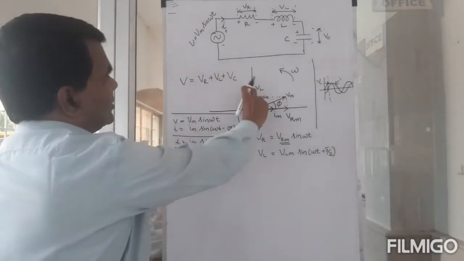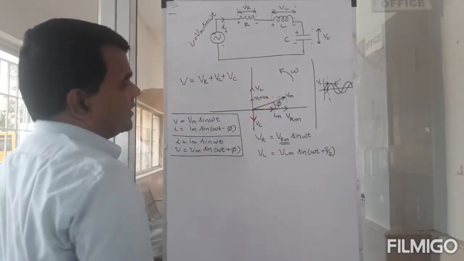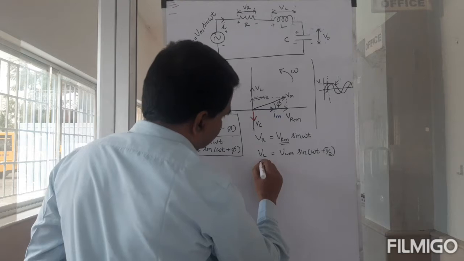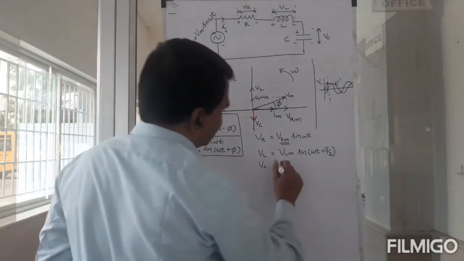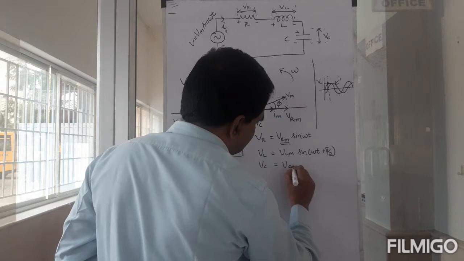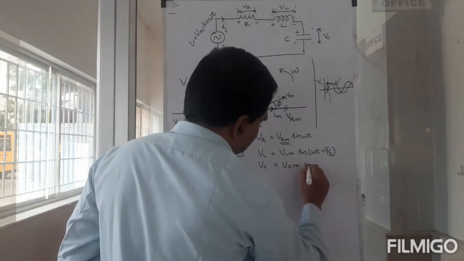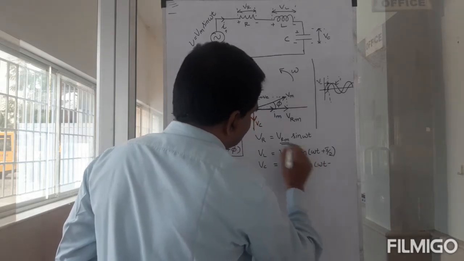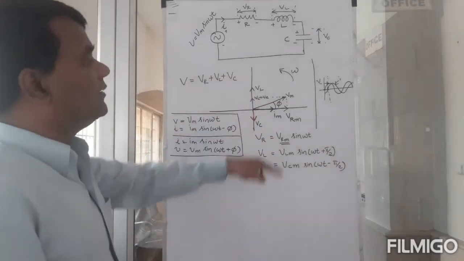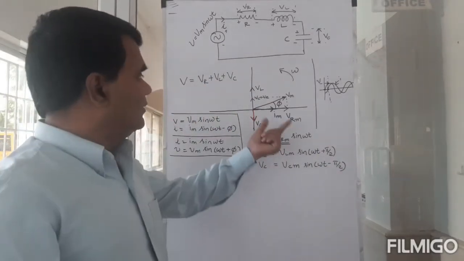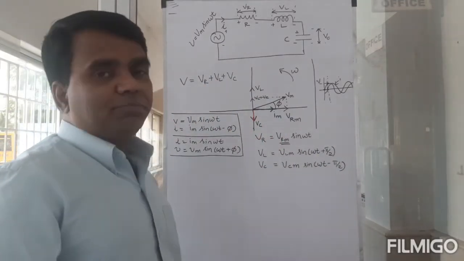It will lead the current by 90 degrees. And what about Vc at any time t? That can be given by Vcm sine omega t minus pi by 2, because it's going to lag the current. I can write it this way.